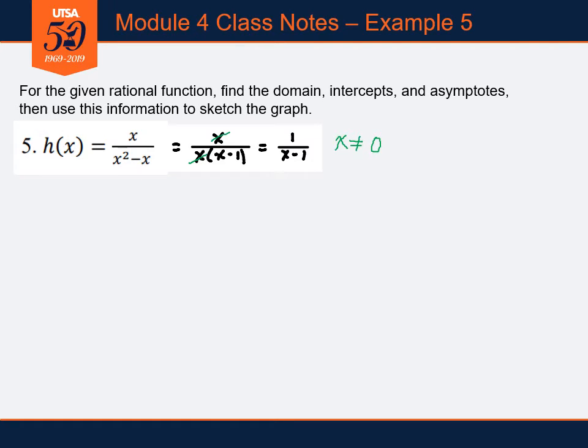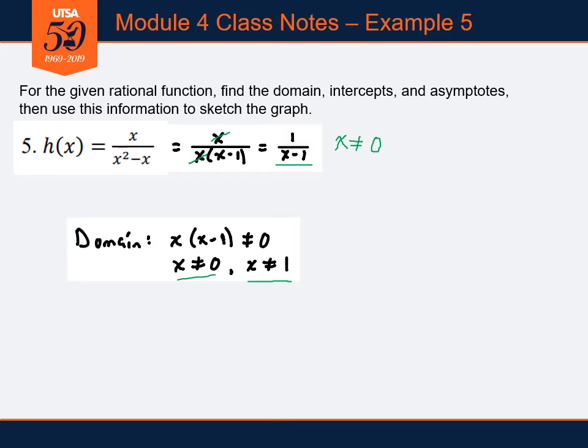That's going to factor in, sorry for the pun there, to our domain discussion as we look at the unreduced denominator of x times x minus 1 and say neither of those factors can equal 0. In other words, x can't be 0 and x can't be 1. So our domain is everything except 0 and except 1.